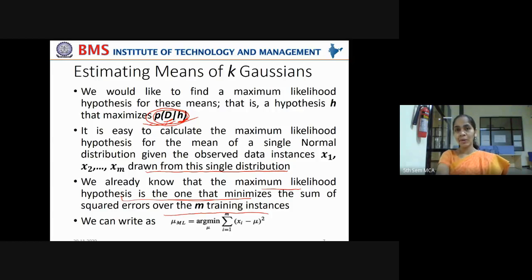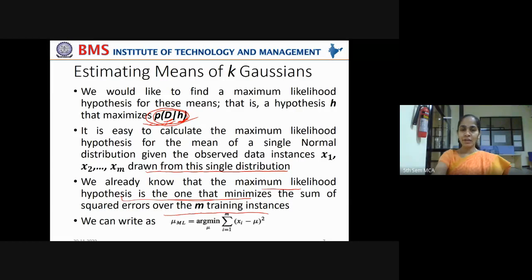Say the training example has one target label and some other target label is being predicted. What is the difference between these two? If you can reduce the difference in the prediction, you are minimizing the prediction error, which will maximize the likelihood of that hypothesis. Which is your best hypothesis? The one that reduces the prediction error is your best hypothesis, like maximum likelihood hypothesis, maximum a posteriori hypothesis.